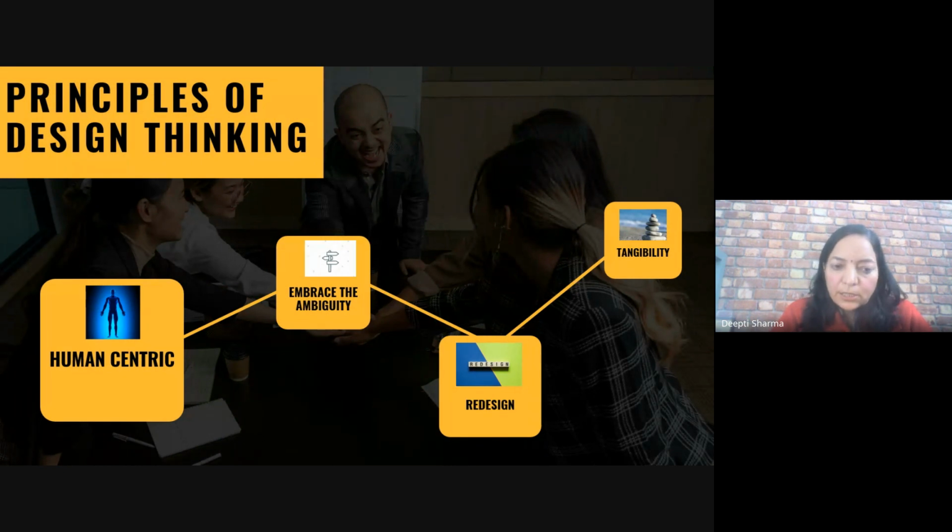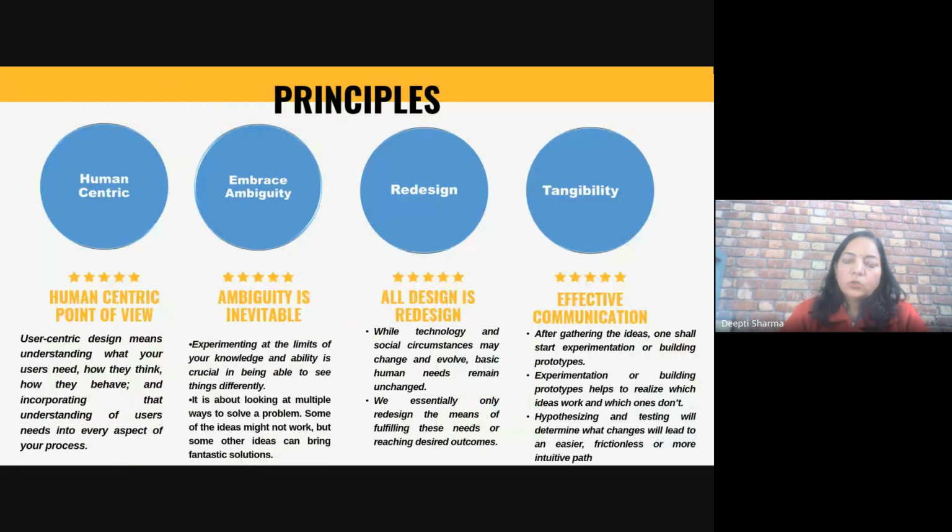First principle is human-centric. Second is embracing the ambiguity. Third is redesigning. And fourth is tangibility. So let's explore these principles more. Human-centric means the idea developer should have a human-centric point of view.